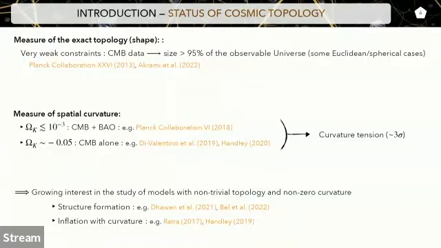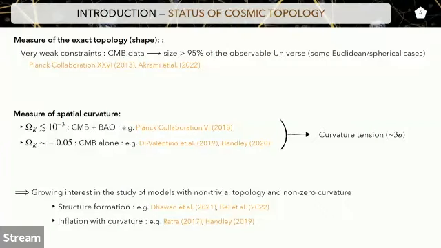Okay. There is, however, some debate, as some different analyses of the CMB data led to a negative curvature parameter. This is sometimes called the curvature tension. It's not yet sure that there is real tension, but just to say that there is actually a debate whether or not we really have this huge constraint, or if actually we already measure a non-zero curvature.